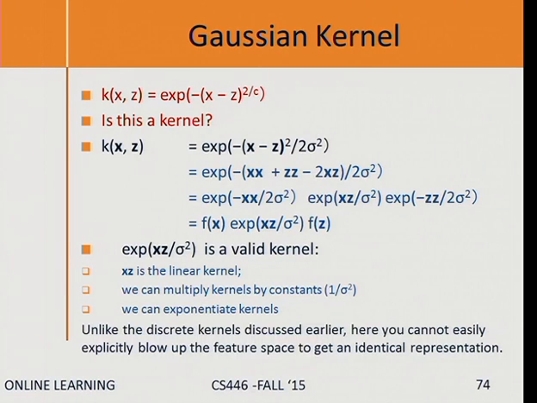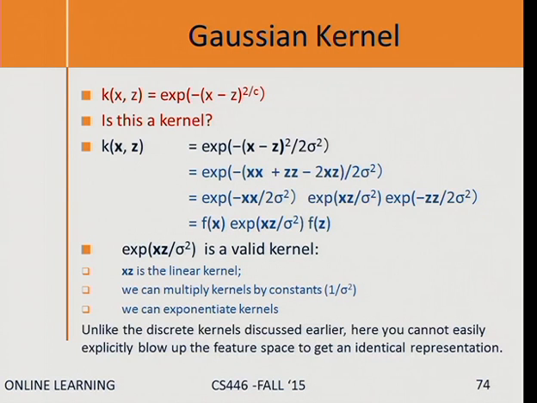Why is this a kernel? Because xz is a kernel. I can multiply it by something, and I can exp a kernel. These are 2 of the transformations I mentioned 2 slides before. So that's why this is a kernel. And then I can multiply it by a function of x and a function of z, another transformation I mentioned the slide before, and therefore this is a kernel.